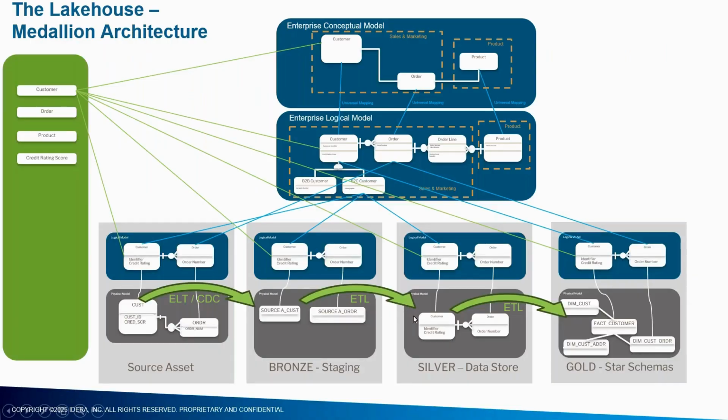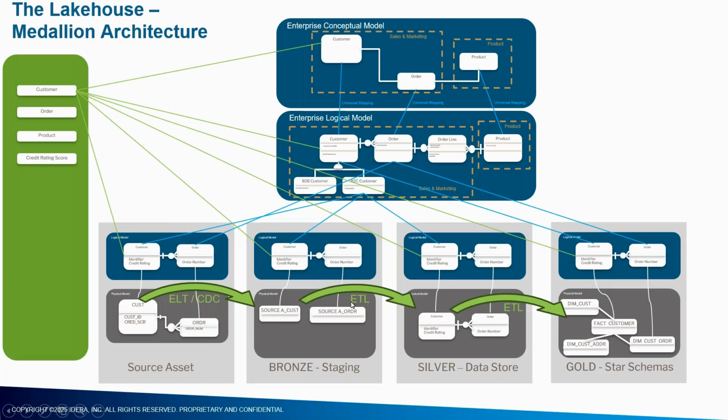Regarding our solution, we are supporting many different architectures such as Medallion structure. You can create some enterprise model for your conceptual or enterprise logical model. We can manage business glossaries, and so you can relate your different terms to your different project, your different layer. If you have, for example, this Medallion architecture with the bronze, silver, and gold layers with your star schema and so on, you can easily relate your different terms to the different objects and easily find where the information is stored.